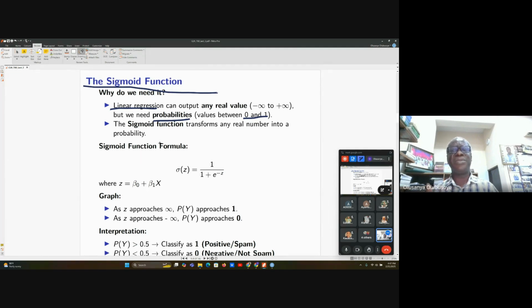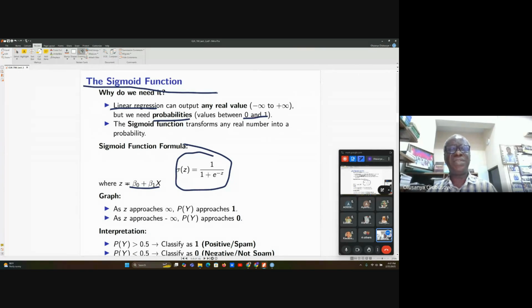So it transforms any real number into a probability. So that is the function. When Z is equal to a linear function, then you simply substitute Z here.